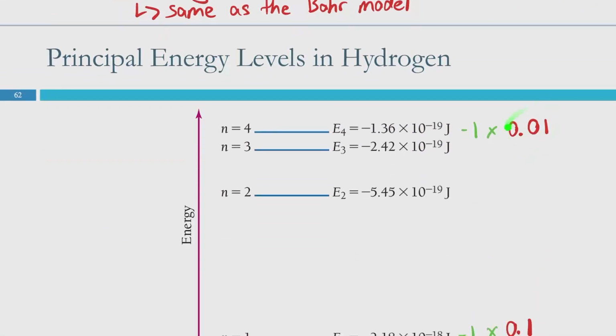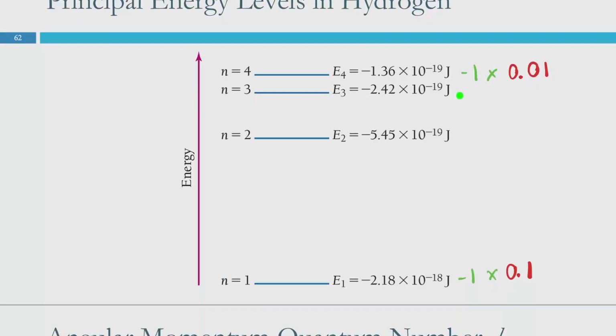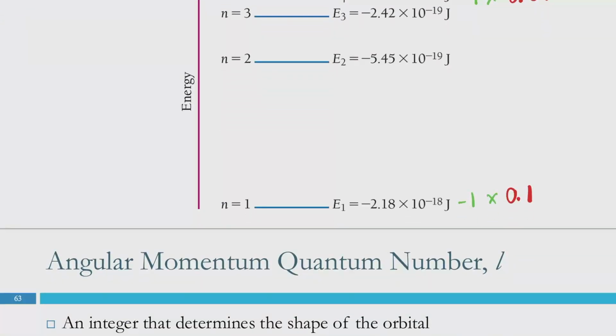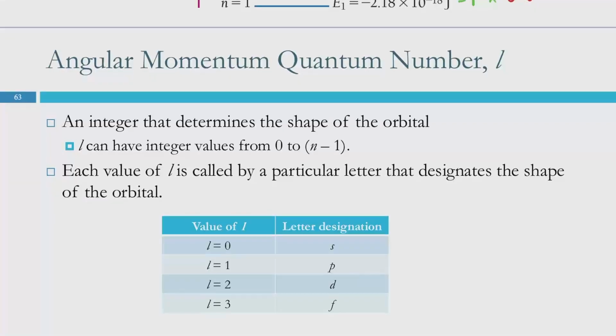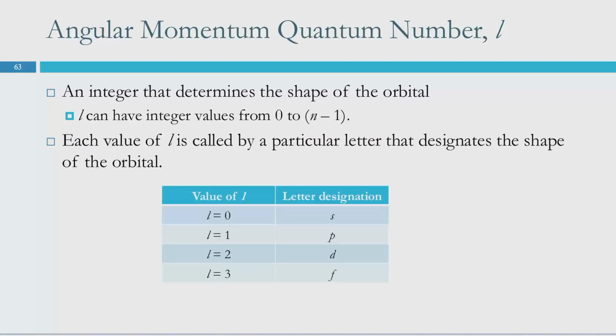And then times the 0.01. This 0.01, that's going to be a smaller negative number. It is actually higher energy. And we can see here the energy spacing gets closer as we get to those higher n numbers. It's confusing. It really is. But we can get better at it. Okay, so that's our big shells.